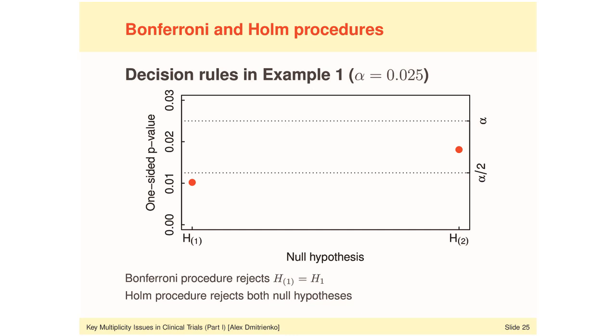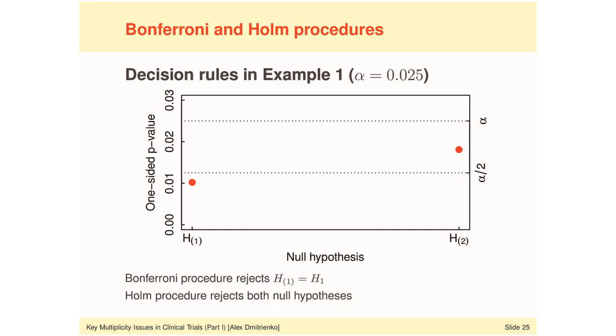We always begin with the hypothesis that corresponds to the smaller of the 2 p-values. And the significance threshold for that smaller p-value is represented by the dotted line, and it's drawn at alpha over 2. That's the significance level that should be applied to the smaller of the 2 p-values.